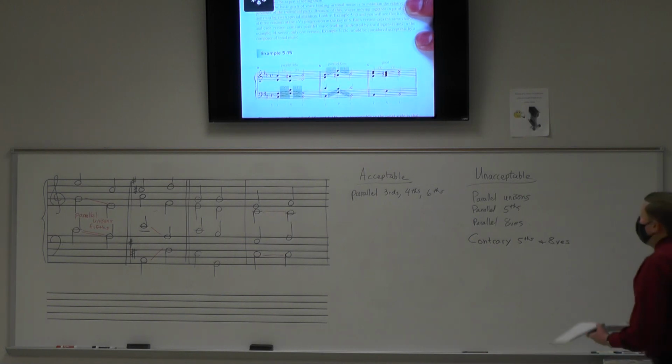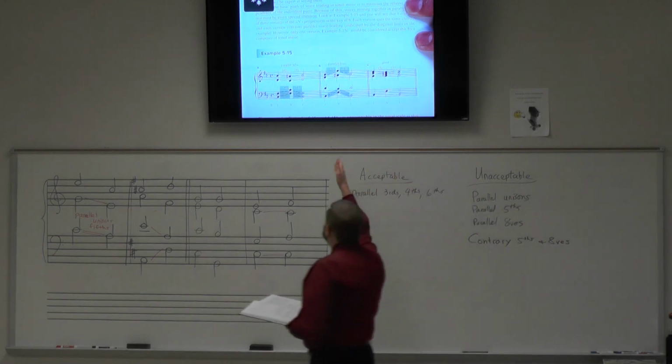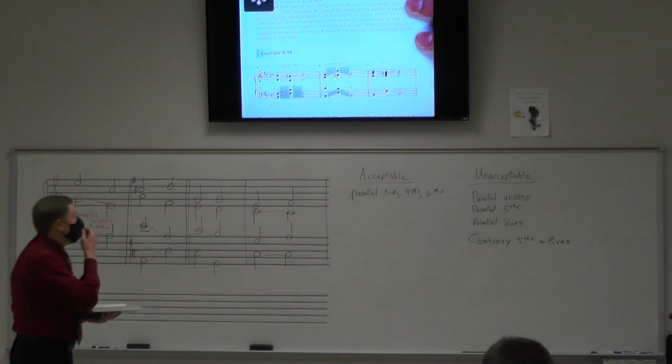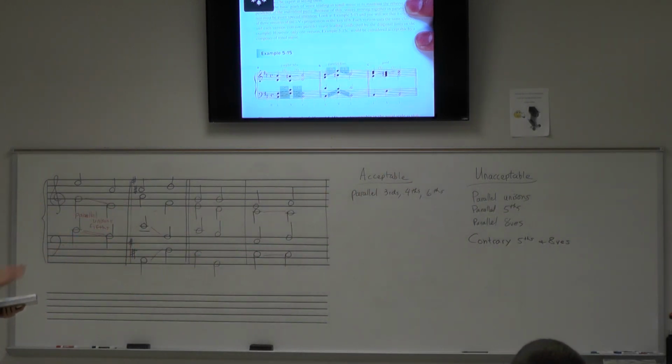You can see in measure A and B, both of those measures have bad instances of parallel motion. Measure A has parallel fifths between the bass and tenor. Measure B has parallel octaves between the bass and soprano. So not a whole lot of independence going on here. And again, it won't sound too bad to our ears, but back in the time, it was not good to do this.